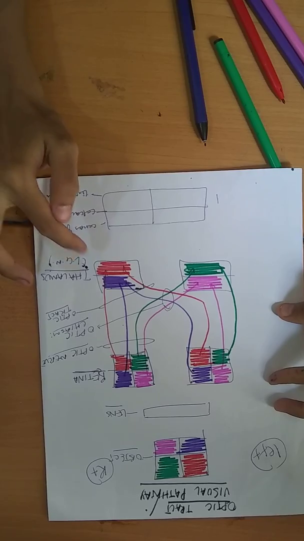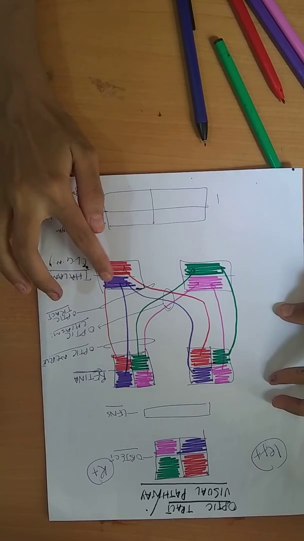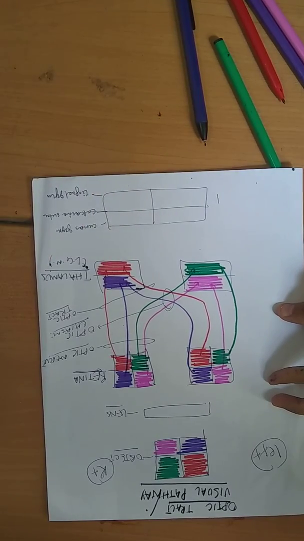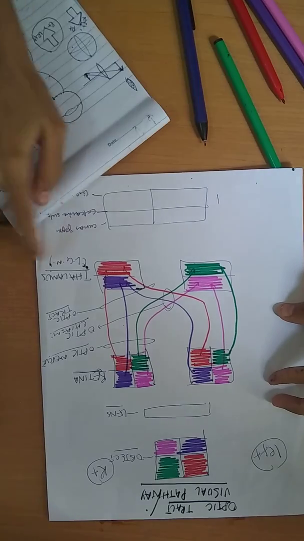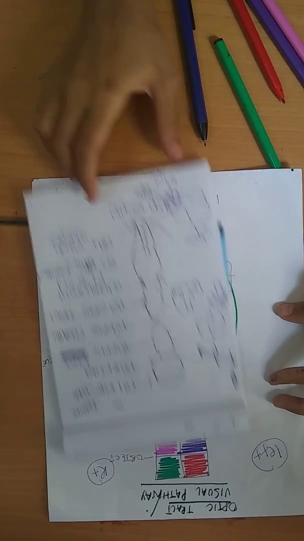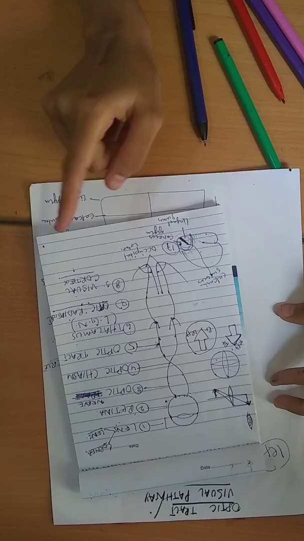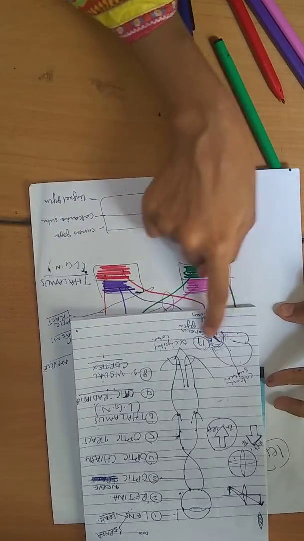Now remember, in the optic radiation, the superior fibers run through the parietal lobe. This is the parietal lobe, and the inferior fibers run through the temporal lobe. This is the temporal lobe.